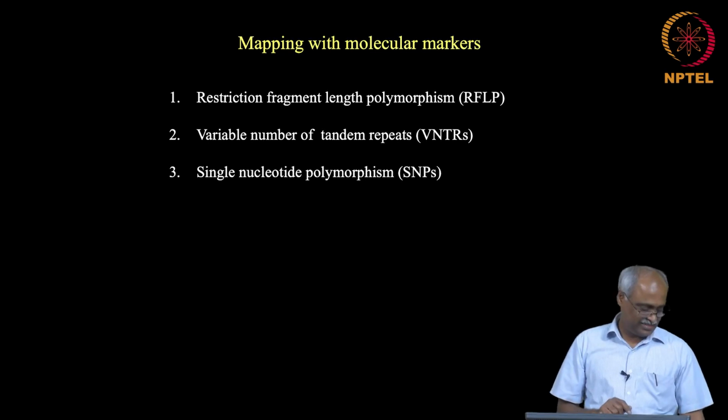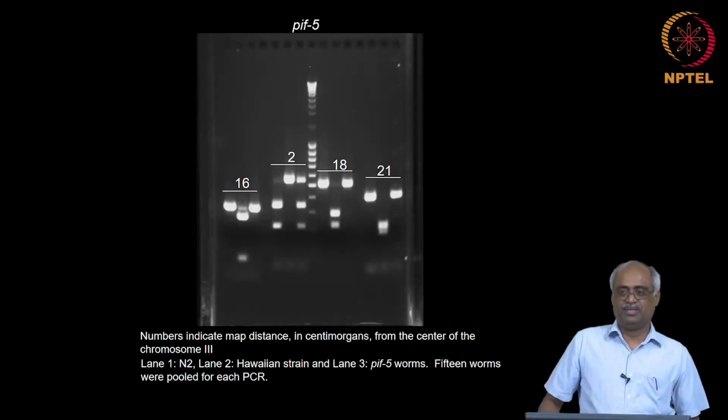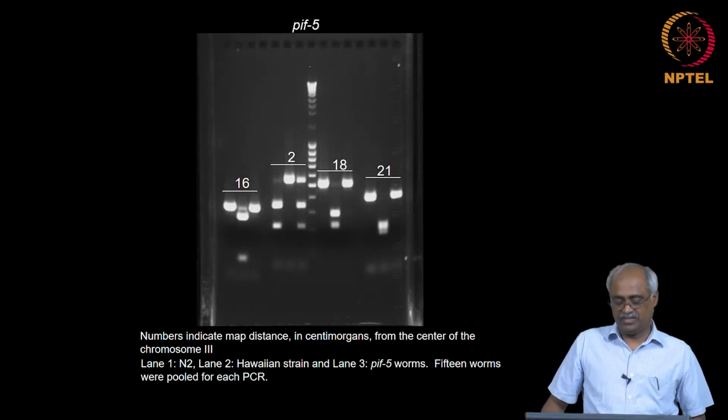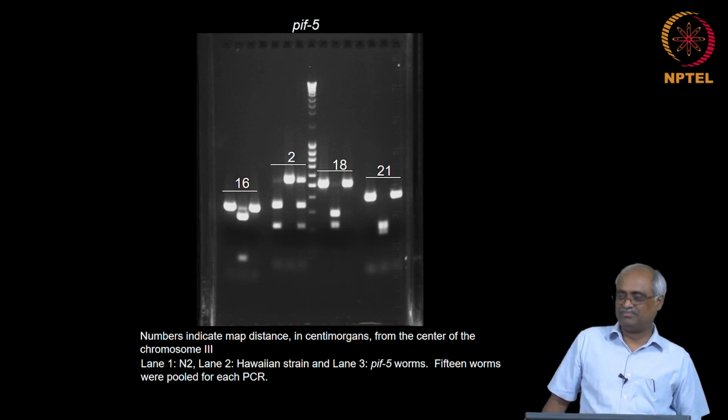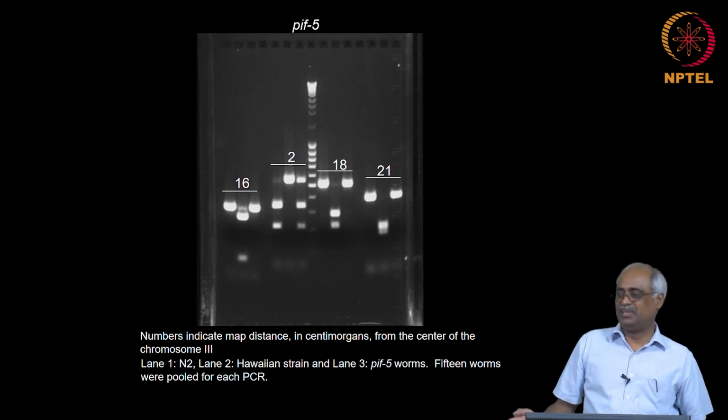Okay. So, an example is here. PIF5 is one of the mutants isolated in our lab, and the student who was mapping it did an SNP mapping. Here the SNP is combined with a sort of RFLP. So, the SNP creates a restriction fragment length variation.